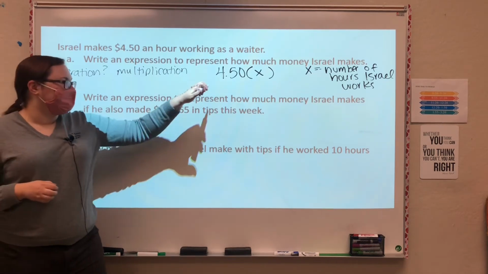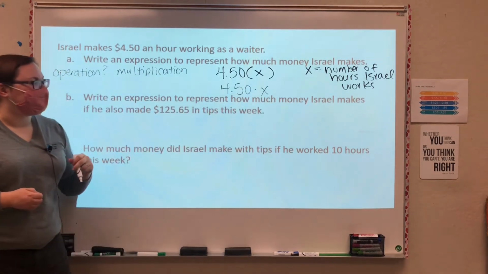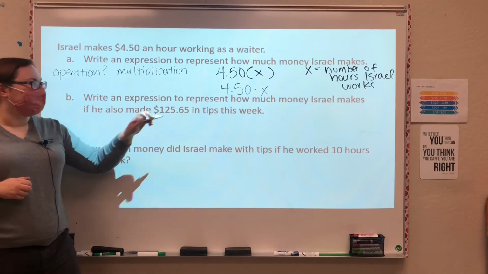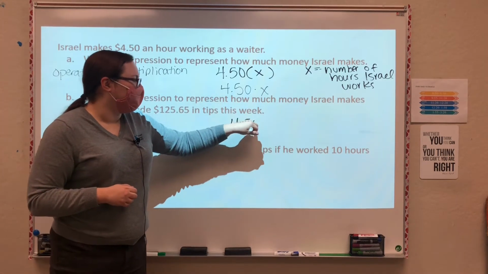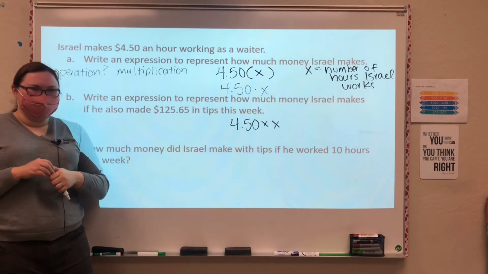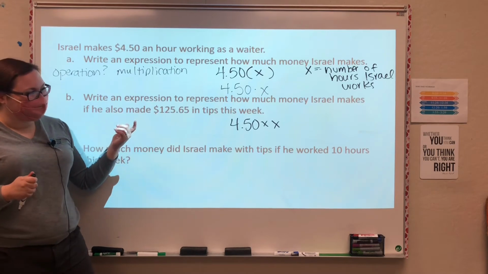Dot X. So 450 times X like that. How else could we write it? A star. How's that look to you? You're laughing at it. Why are you laughing at it?